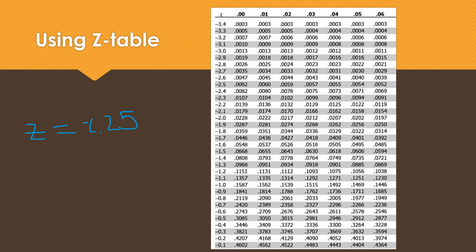So we have a negative 0.25 that we're trying to look up. First we're going to find negative 0.2. In the z-table, the first column, where it says z, corresponds with the whole number before the decimal, and then the number right after the decimal. We find that in this column, so it's there.